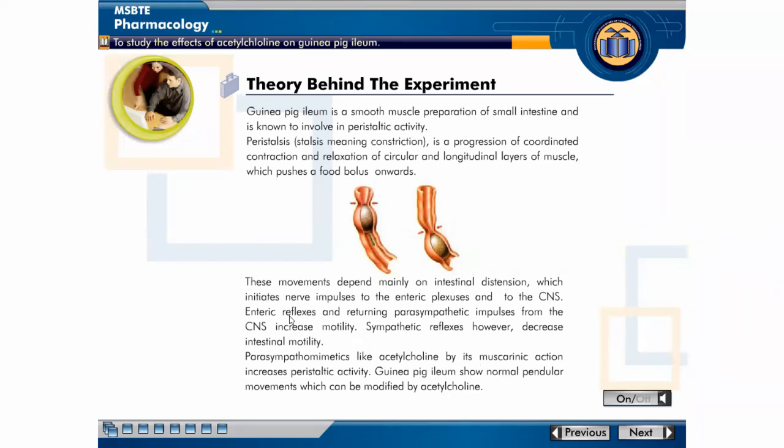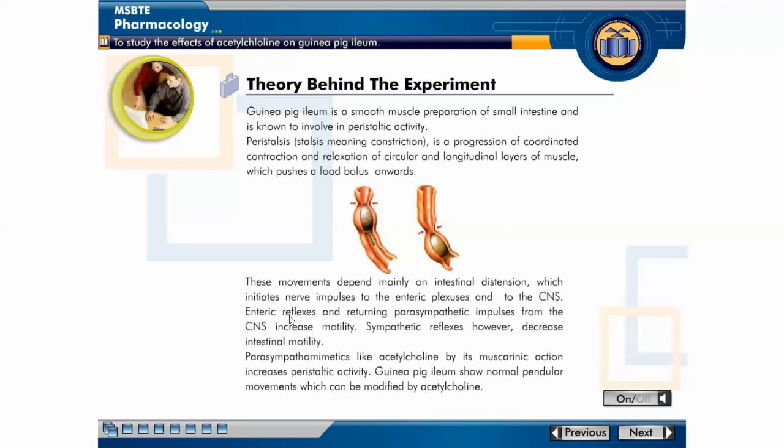When these enteric reflexes are transported from CNS to sympathetic, they decrease the intestinal motility. In this experiment, you have to remember only parasympathomimetic, that is, they show increase in the peristaltic movement or increase in the motility.